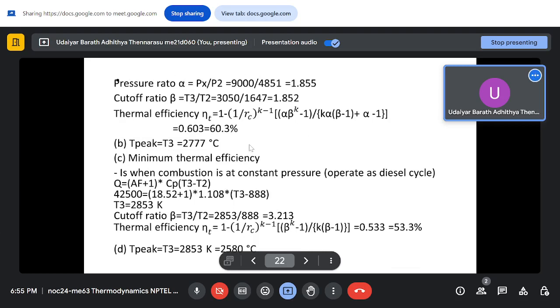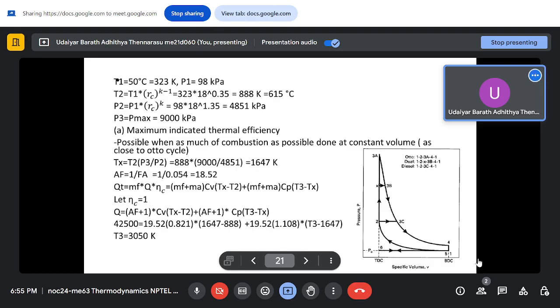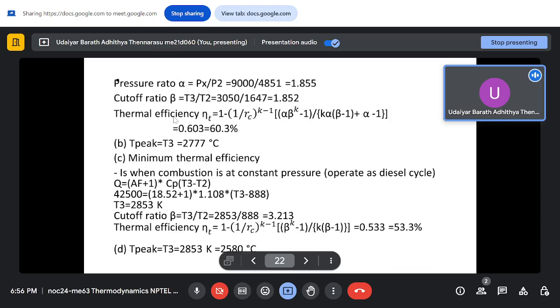Either you can find the total heat added, which is m dot f into 42500, and find the work generated in 4-3 and 5-2. You can calculate the total work in the isentropic processes and find the net work generated, which is the area under this curve, and then divide by heat added to get the efficiency.